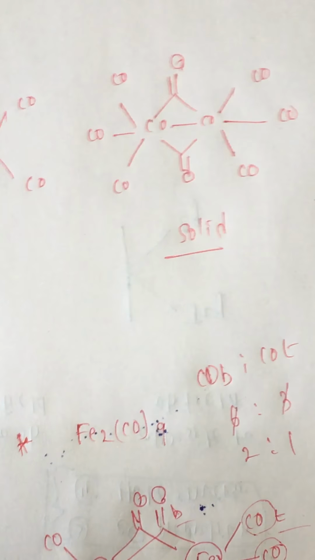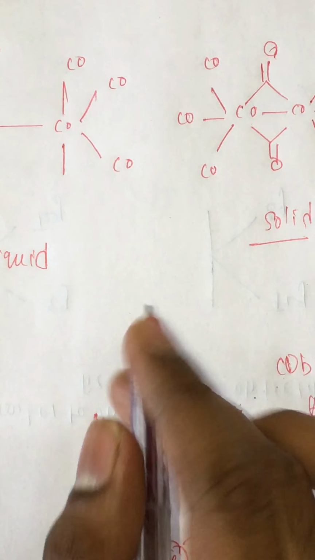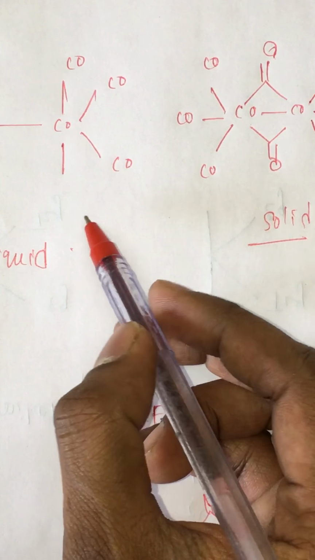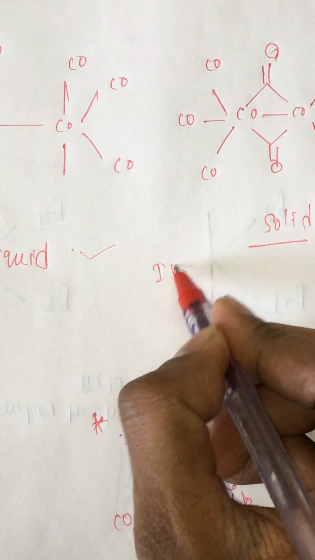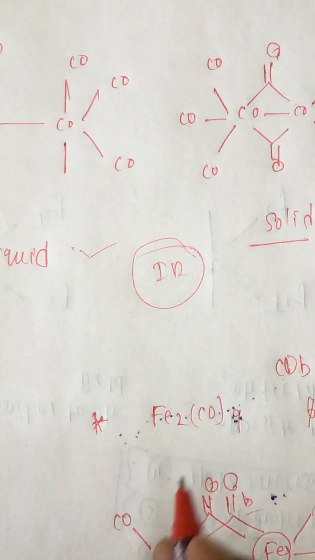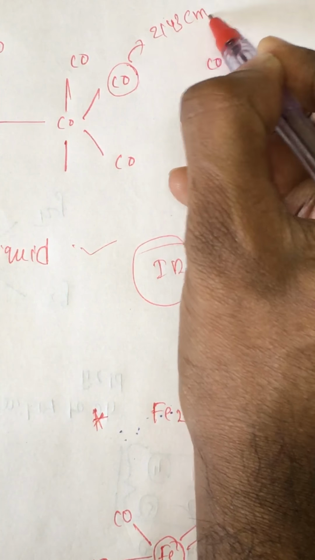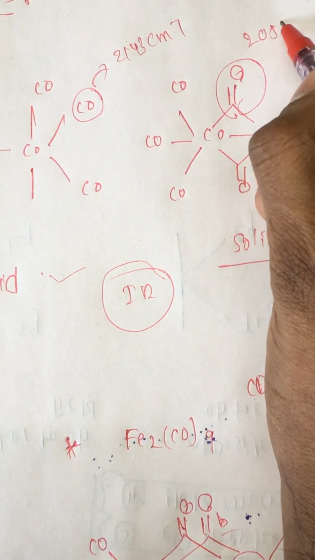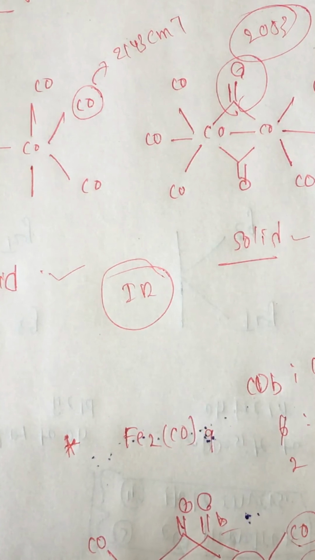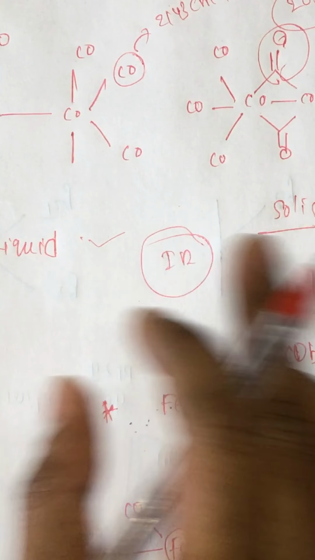Here, from an examination point of view, if they ask which technique is better to identify the Co2(CO)8 structure in the liquid state and solid state, IR spectroscopy is good because we can identify it easily. It shows a band around 2143 cm⁻¹ and this shows around 2053 cm⁻¹, something like that. So IR is the best technique to identify the structure of Co2(CO)8 in the liquid state and solid state.